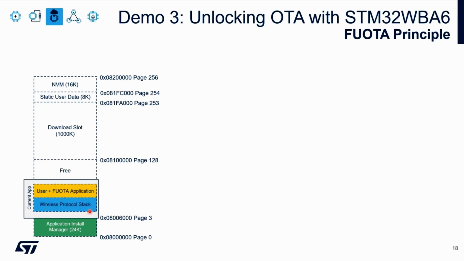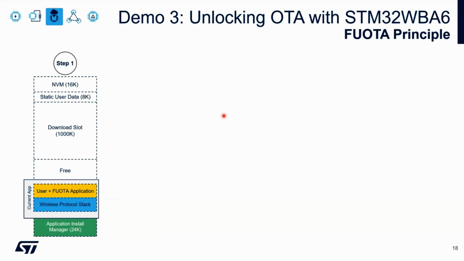Inside, you have a wireless protocol stack, your user application, plus a firmware update OTA service. Then you have a download slot, where obviously you will download the new application. And you have also some NVM and user data sector. Interesting to note is that you can update this user data over the air as well.